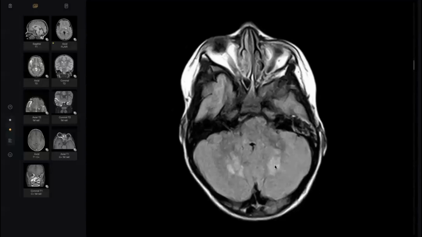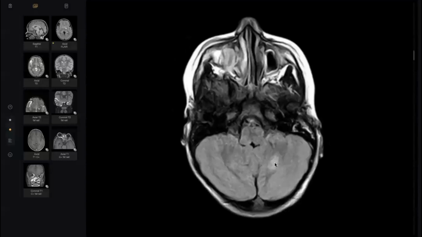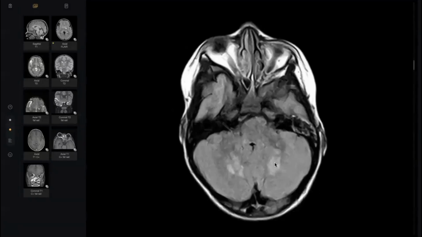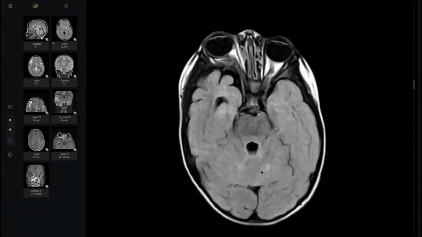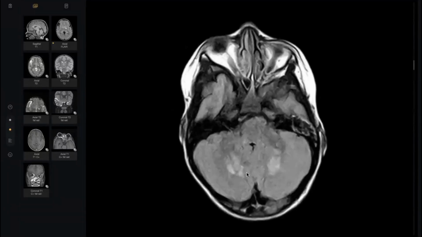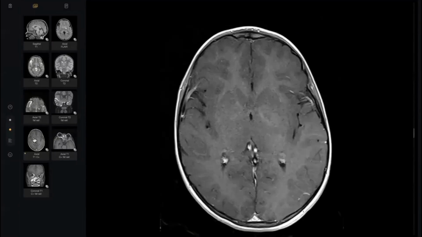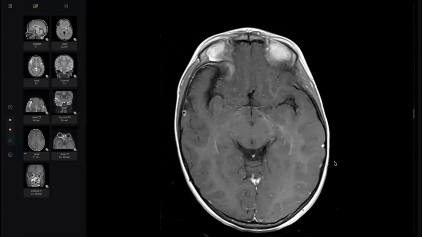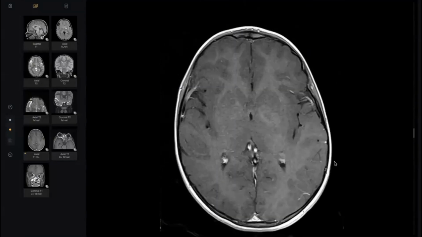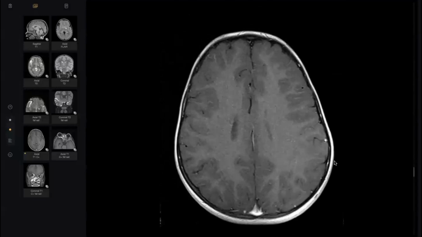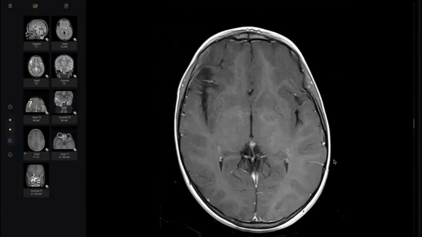And also I can see that there is bilateral hyperintense signal noted in both cerebellar hemispheres. Also, I can see here in the midline there is a rounded hyperintense lesion. I want to check them in the T2 sequence and also post contrast. In the post contrast images, this lesion didn't show avid enhancement.